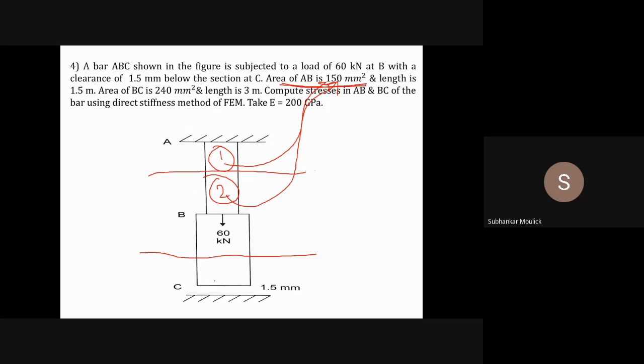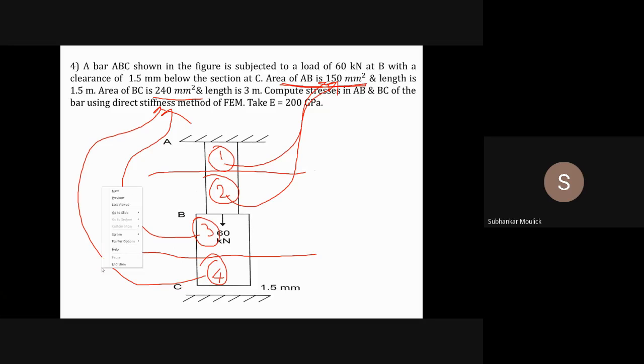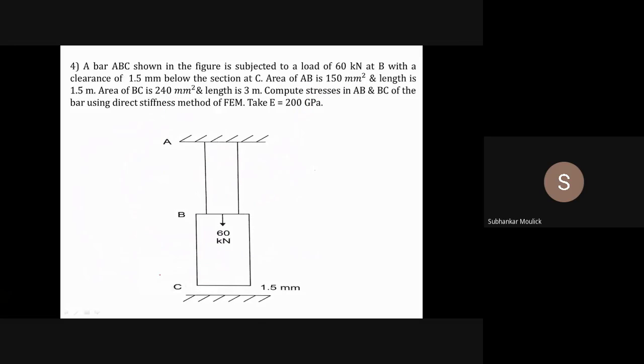Similarly, I have divided BC into element number 3 and element number 4, and since the entire area of BC is 240 millimeter square, element 3 as well as element 4 also has an area equal to 240 millimeter square. Is it clear? Any doubt? No, sir. Okay.